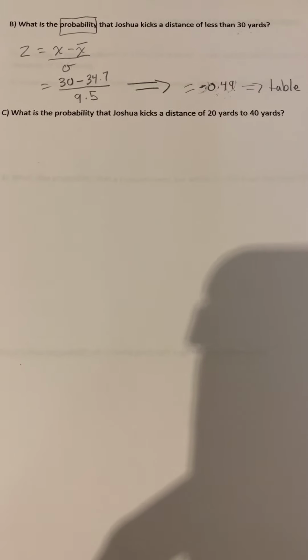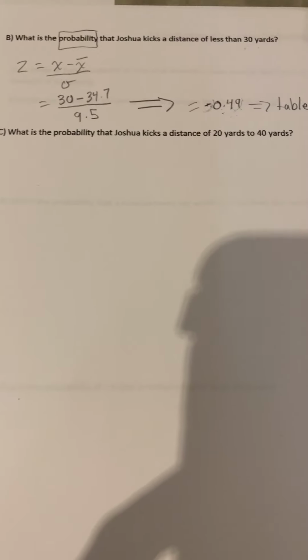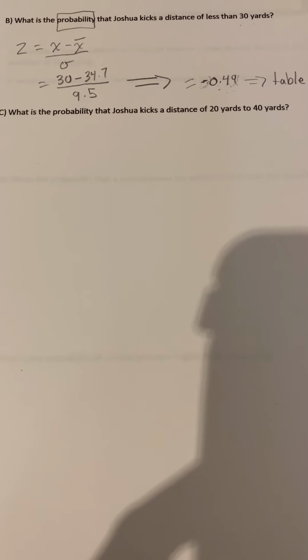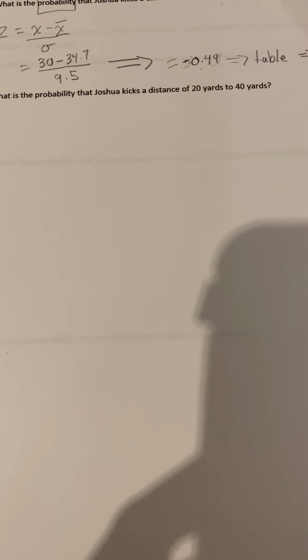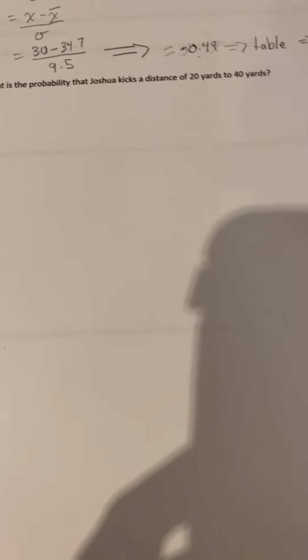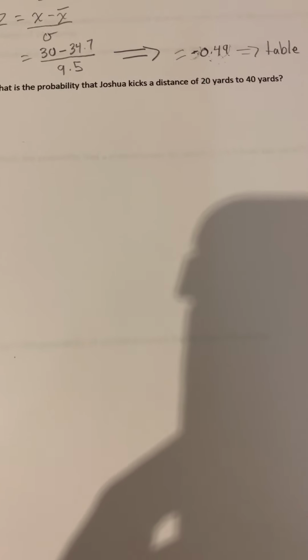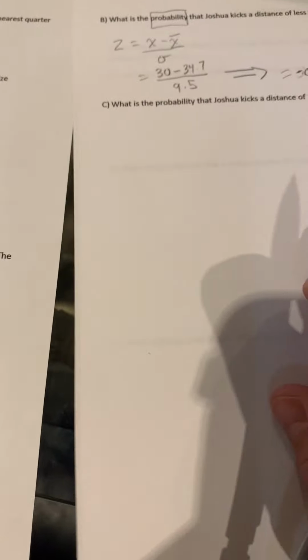Okay, so now a little bit kicking it up a notch. So C is, what is the probability that he can kick between 20 and 40? 20 and 40. Okay, so we are going to do 2 Z-scores here.